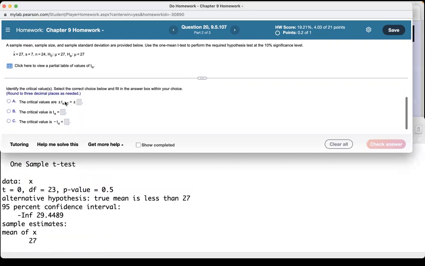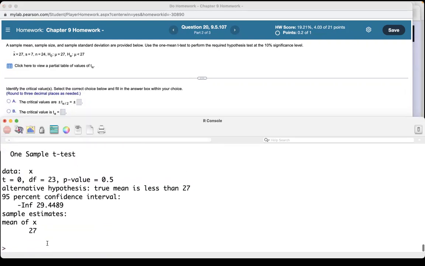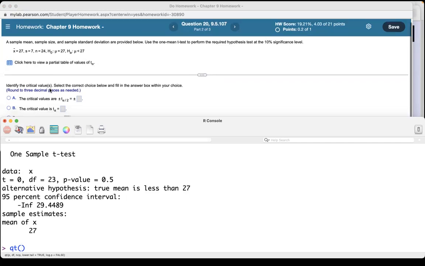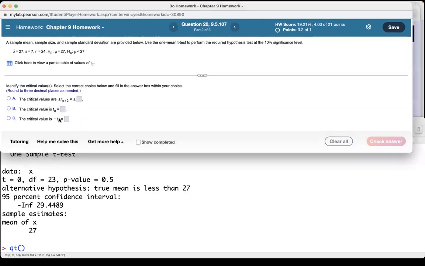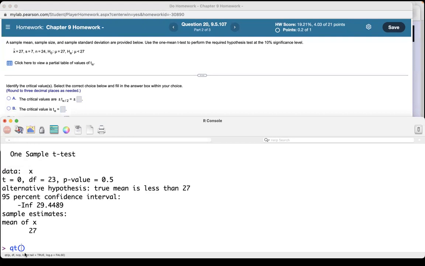And then we can find critical values here. If we want to find the critical values, we'll do the same thing that we did before. We would use the Q function. In this case, we're going to use the QT function because it's the t distribution, not the normal distribution. Our alpha is 10%. We have a left-tailed test, and so we're going to have a negative value, negative t sub alpha. So we're going to have QT.